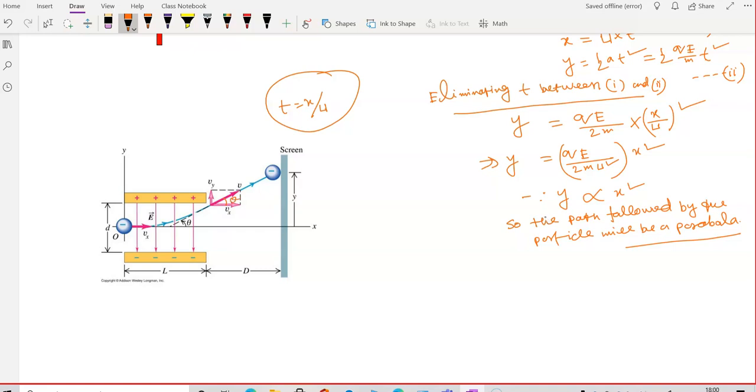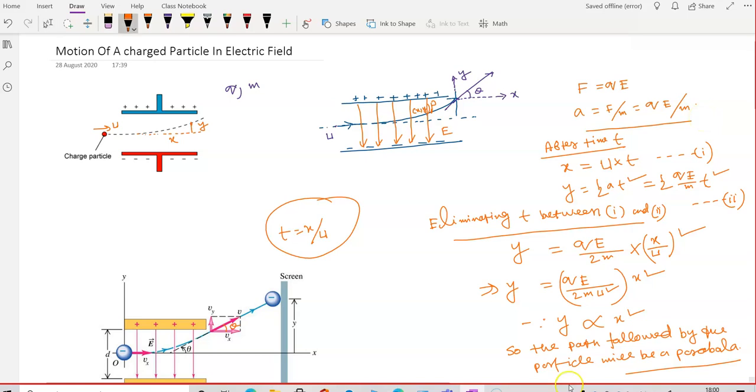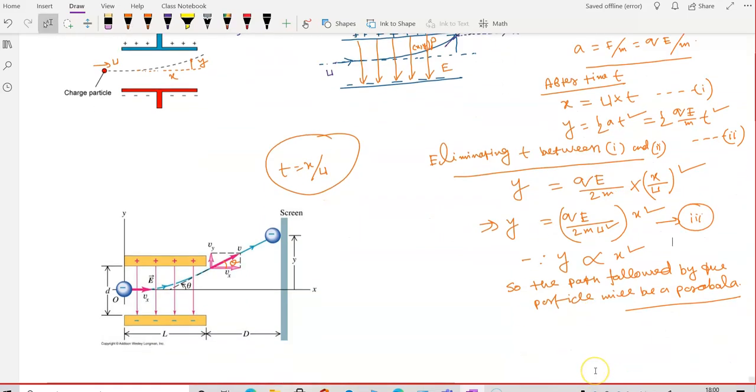Now before we start, the position of the particle is obviously determined by 1 and 2, and the path is determined by, we'll be referring to it in future, number 3. Now the question is, what will be the velocity of the particle when it leaves the region of electric field?